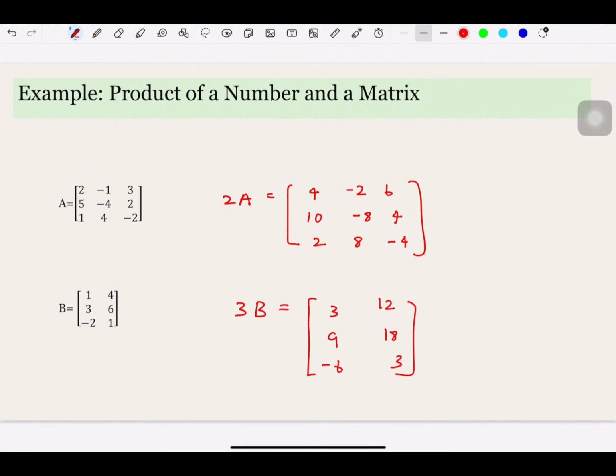So quick summary: when you're multiplying a matrix by a number, just multiply each entry by that number. This is called scalar multiplication. It's just like stretching or shrinking all the values in the matrix by the same factor. That's how you multiply a matrix with a number.